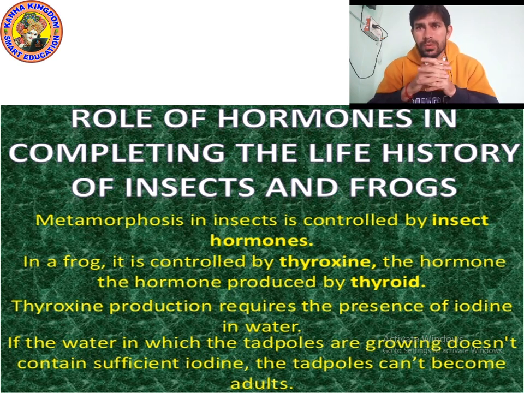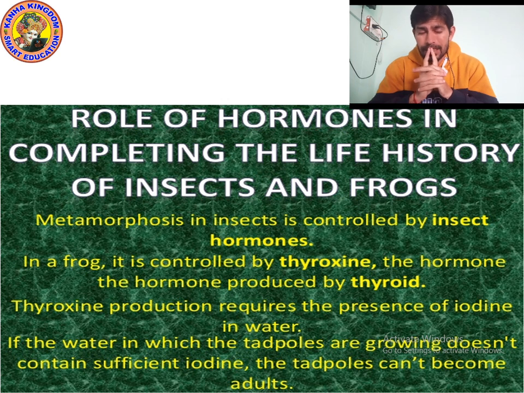This hormone, thyroxine, is produced by the thyroid gland. The thyroid gland hormone thyroxine controls the metamorphosis process, meaning the changing of larva into adult through many changes. Thyroxine production requires the presence of iodine in water.